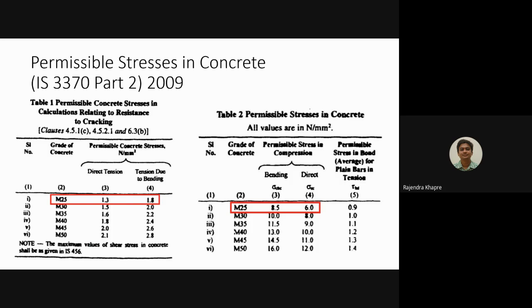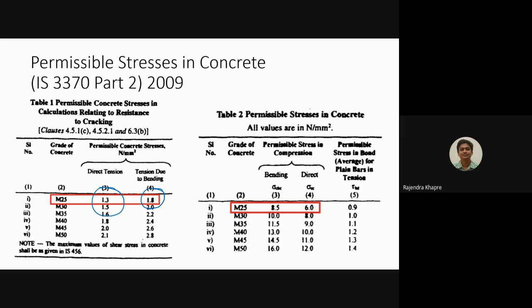Since we are using M25 grade concrete, the permissible tension in the concrete under direct tension is 1.3 newtons per mm square. For bending tension it is 1.8 newtons per mm square. This is as per table number 1 of IS 3370 part 2 2009.